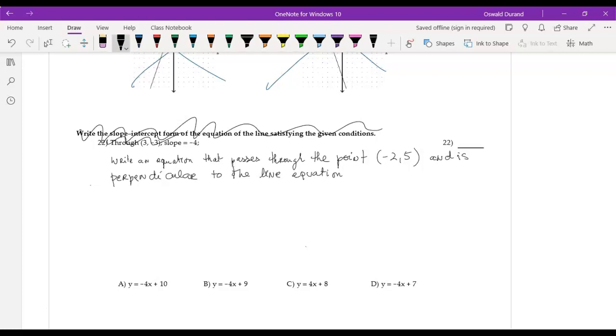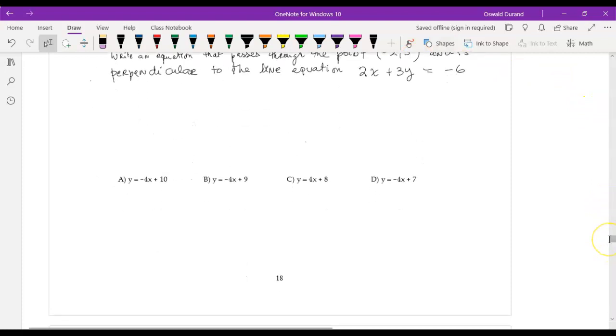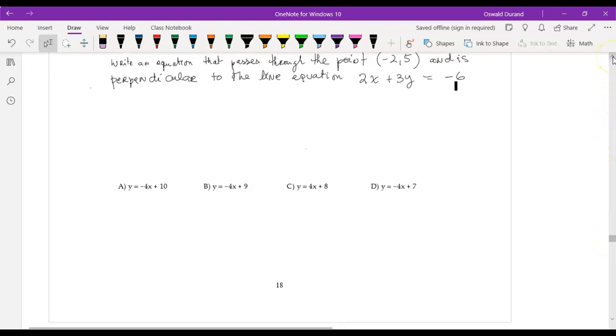I'm going to do the hard part. 2x plus 3y equal to -6. Right? So you might see something like this. It's a very good problem to go through. And that's the last problem.